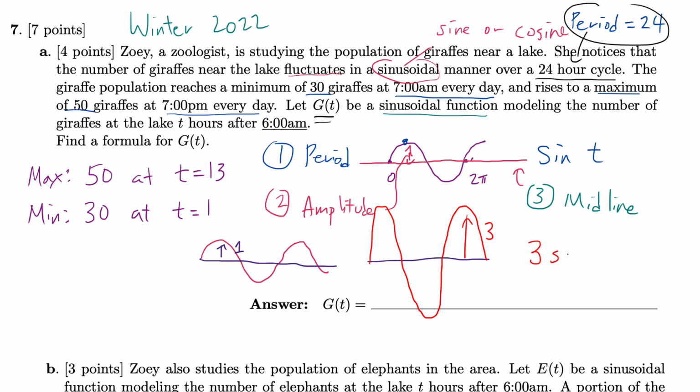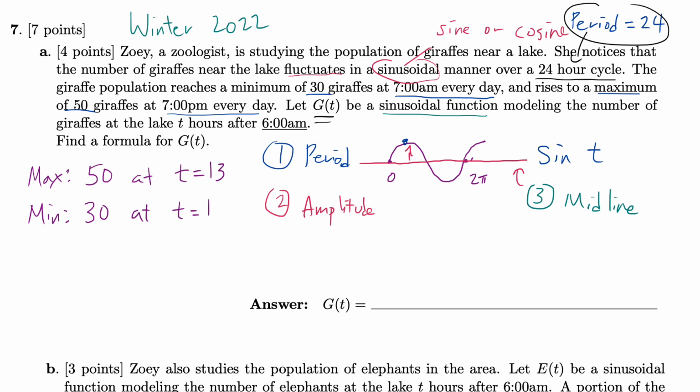Well, now you want 3 times the sine of t instead of the sine of t, because the sine of t used to output things between -1 and 1, and by multiplying by 3, that's stretching it vertically by a factor of 3. So now this entire thing is outputting things between -3 and 3. So the amplitude is really going to give you information about the coefficient in front of sine.